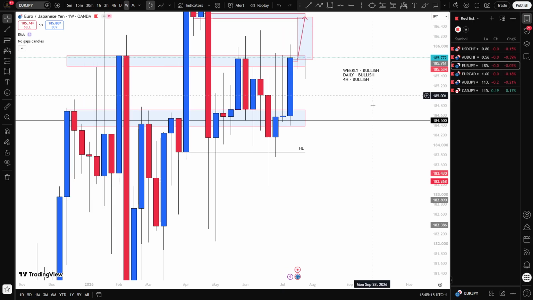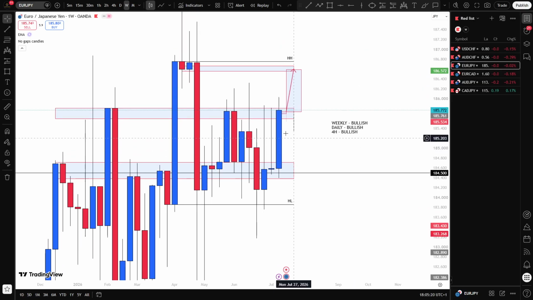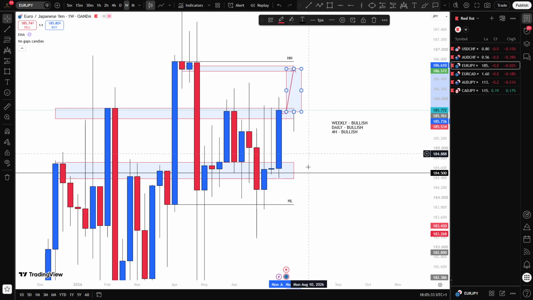So this is what I'm expecting next week's candle to do. You understand? It might create a new higher high, or it will just stop here. So that's what I'm anticipating the next week candle to do.